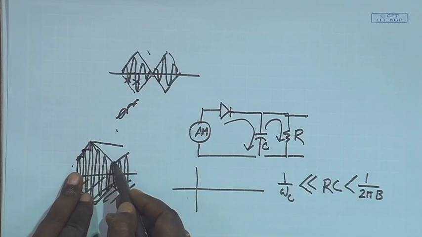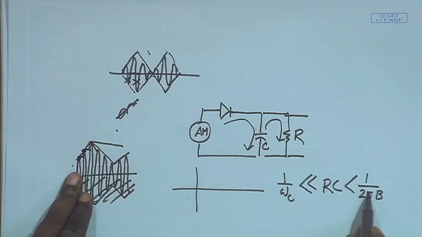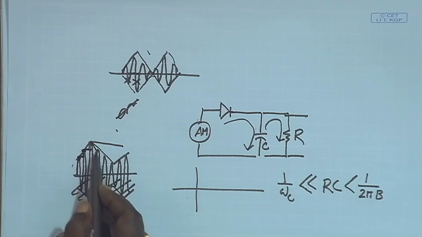So this RC must be less than that, so that whenever it is getting discharged, it is not slower than the slope of the message signal.